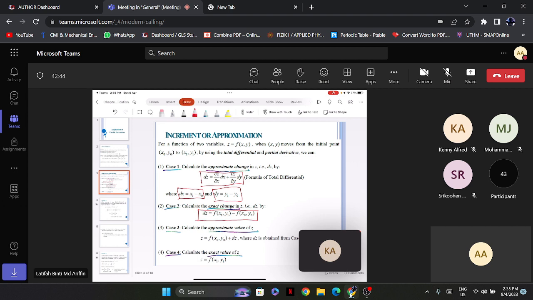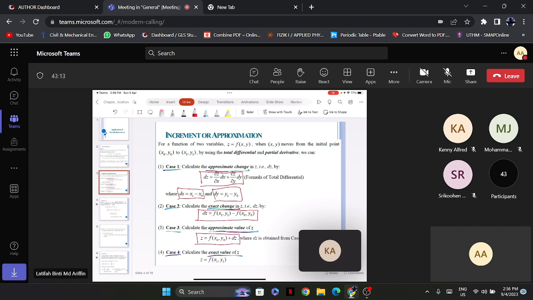Means kita dah ada the original point and then kita ada the new point. So what we need to do is we need to just calculate what is the value of z pada point yang asal dan juga pada point yang baru, dan kita cari dia punya perbezaan. Alright, case number 3, approximate value of z. So formulanya diberi oleh z sama dengan f(x0,y0) tambah dengan dz. So kat mana kita nak dapatkan dz?